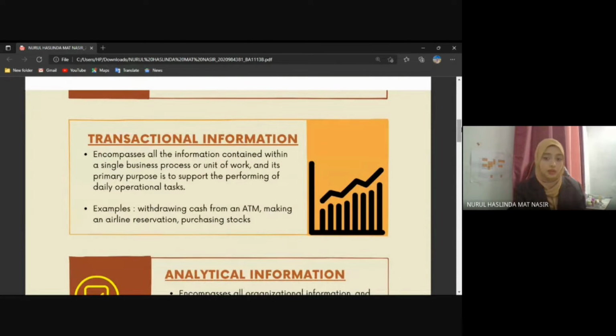Next, transactional information encompasses all the information content within a single business process or unit of work, and its primary purpose is to support the performing of daily operational tasks. For example, withdrawing cash from an ATM, making an airline reservation, and purchasing stock.